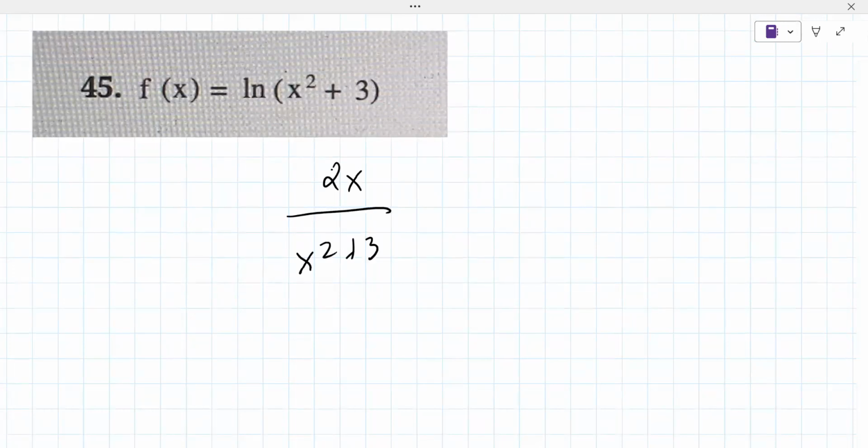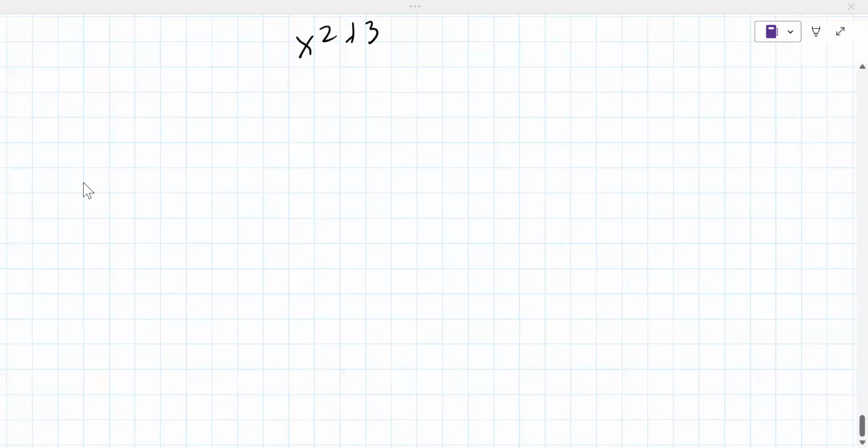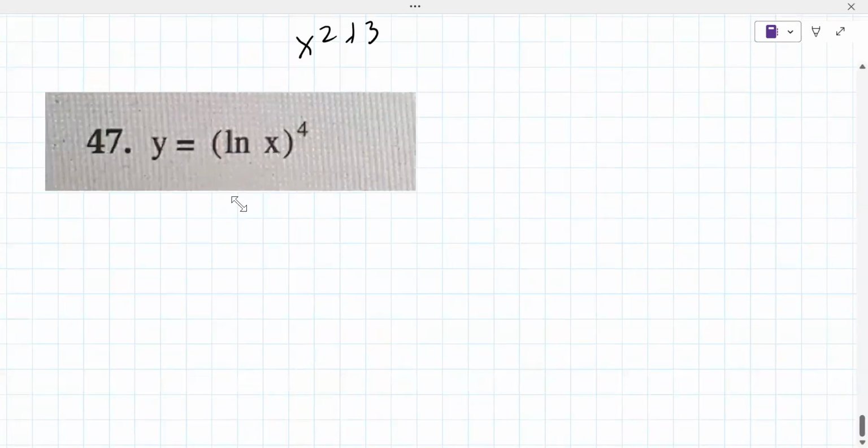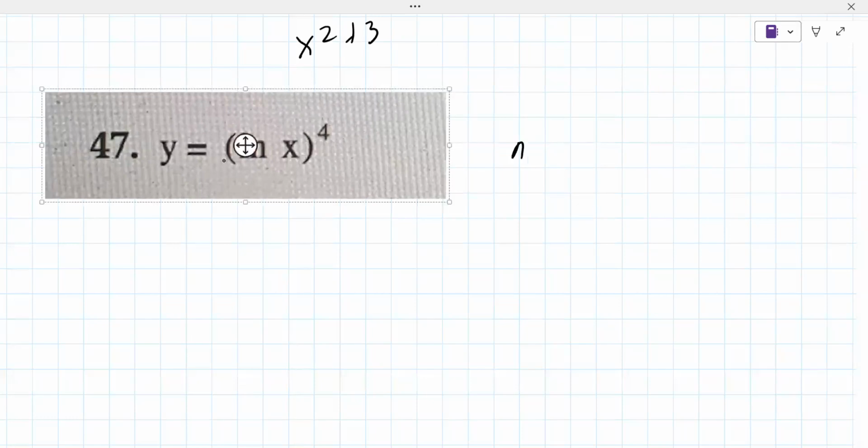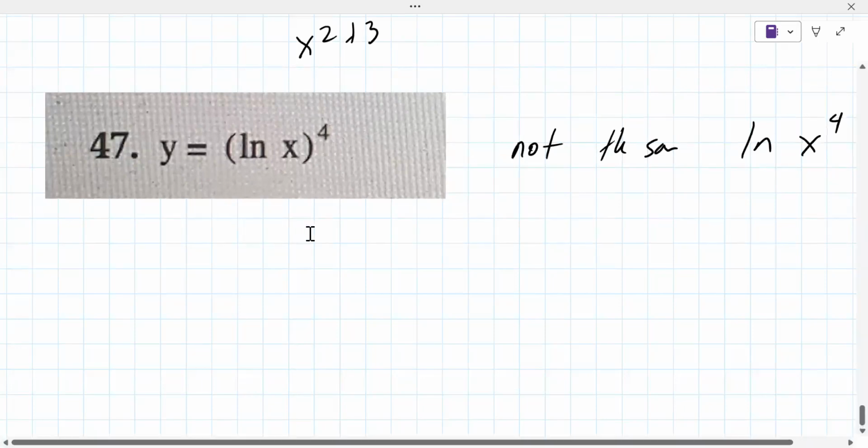All right, so 47 is a little bit different. It's nice the way they've written this. This is not the same as this on the right, and I want to show this because students can mistake these.